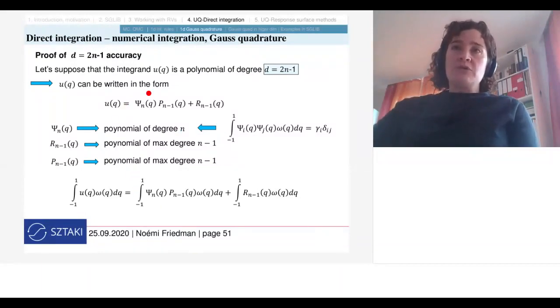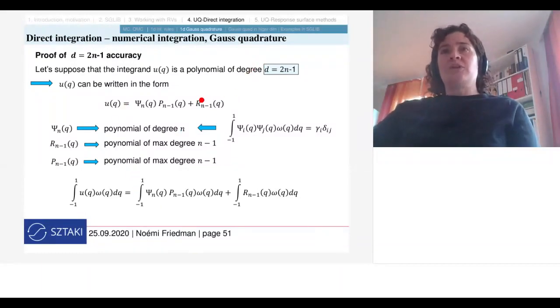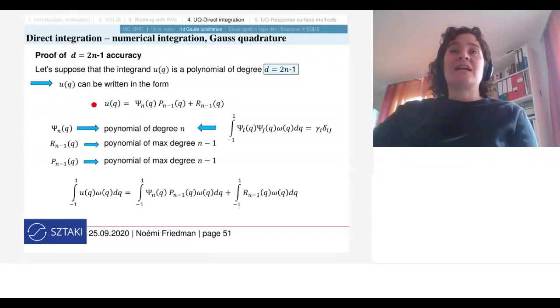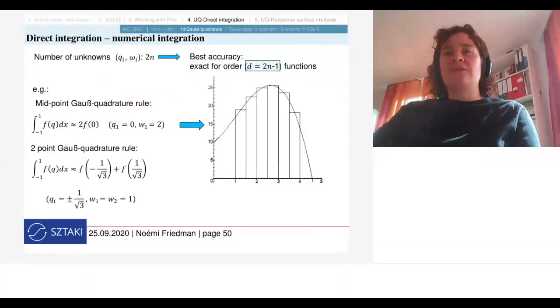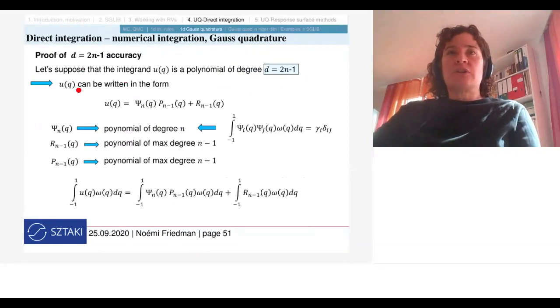So this is the proof that I will only show you in a fast manner. If you want more details, I can send you literature about that. So this is my function u of q, because in the general Gauss quadrature way, the integral term is written with u weighted by some weighting function.